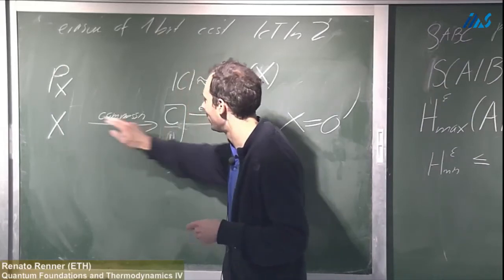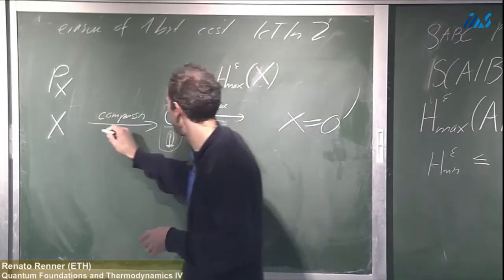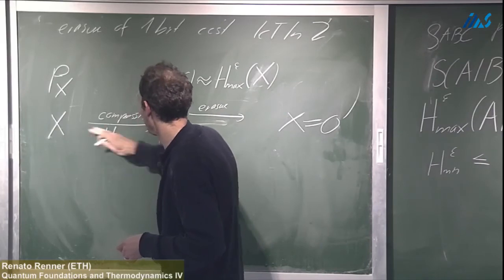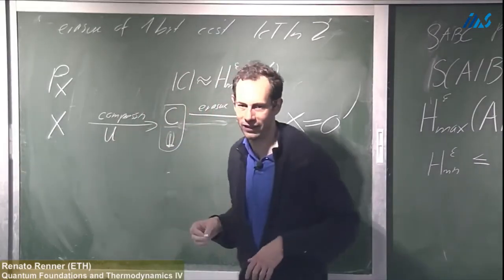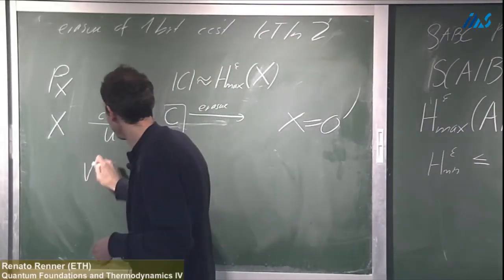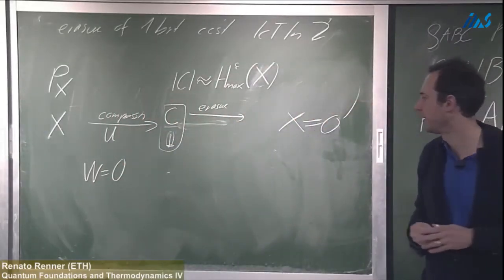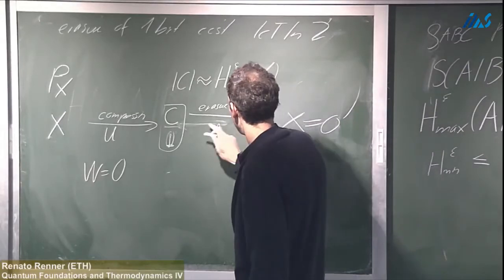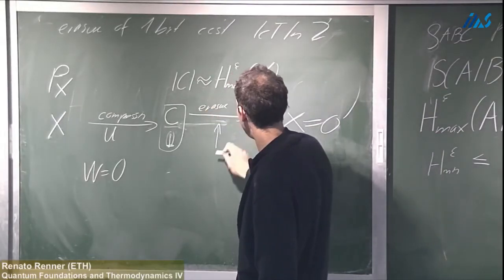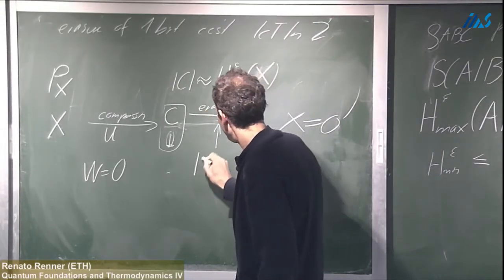But if this is a reversible process, it means that it can be implemented by a unitary. And a unitary doesn't cost any work. That's also one of the assumptions that we discussed yesterday. Here you need some work, but here you now have only so many bits. So the work you require here is only c.